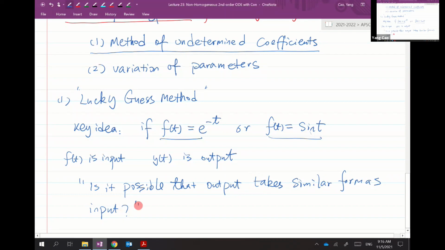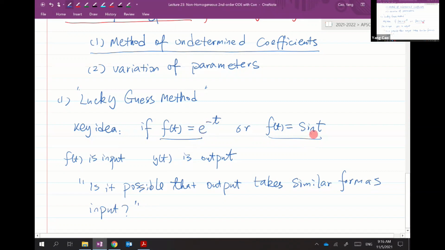So that's the key idea. Is it possible the output looks similar to the input function? If the input function is exponential decay or sinusoidal, then the output could also be an exponential decay or a sinusoidal.